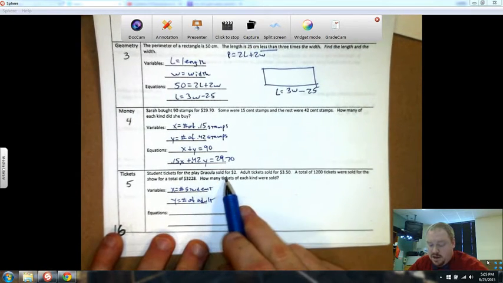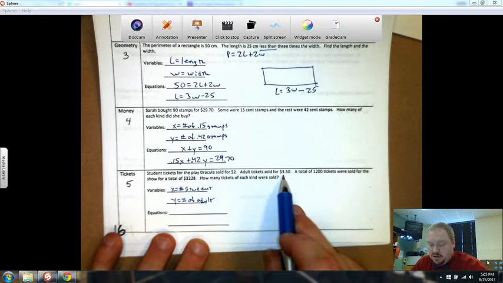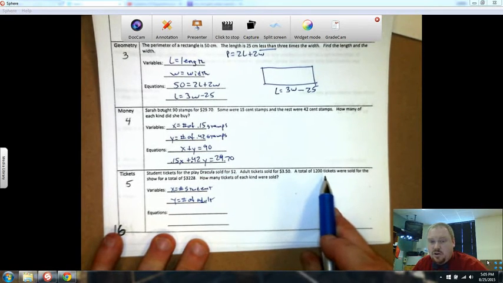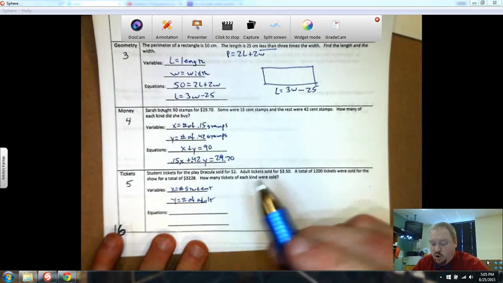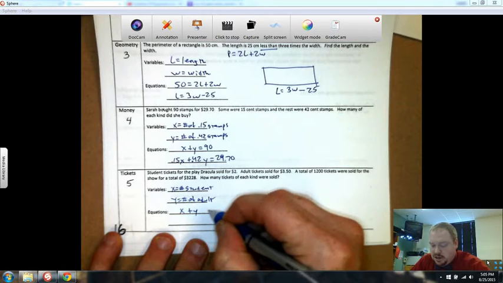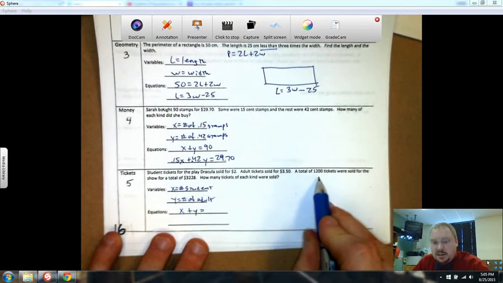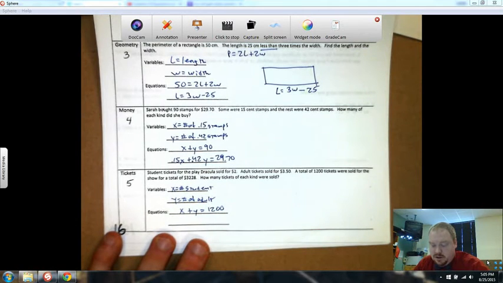Okay. Now I know their pricing. I know how many total were sold. And I know the total cost. So, quantity equation. Students plus adults has to be 1,200. Now the price.